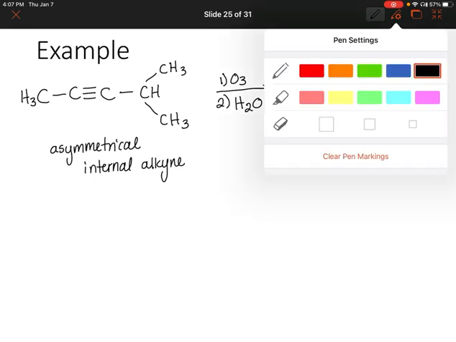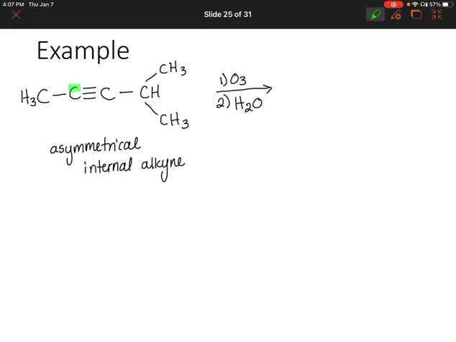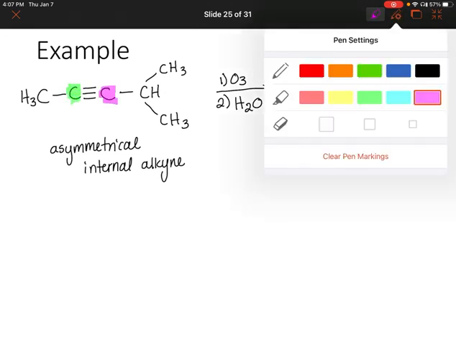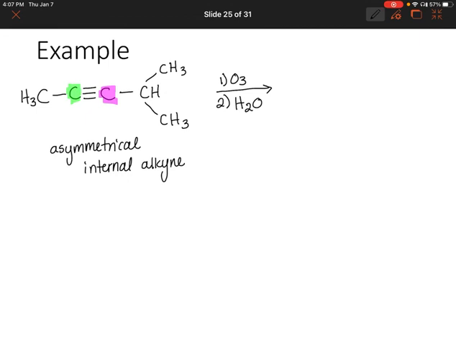I'm going to still highlight my carbons just to keep track of what's going on. So we're actually going to form two carboxylic acids. So let's show the first carboxylic acid, our green carbon.